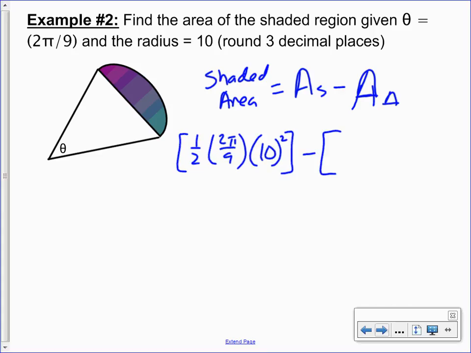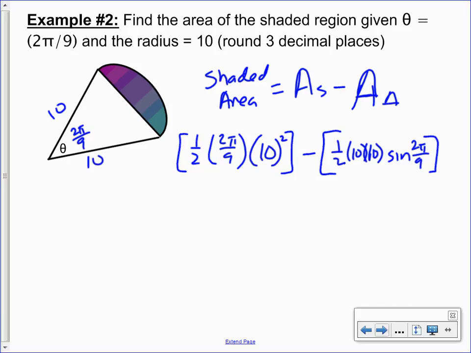And for the area of a triangle, it's side angle side. So we know the radius is 10, and this is 2 pi over 9. So it's half times 10 times 10 times sine 2 pi over 9.